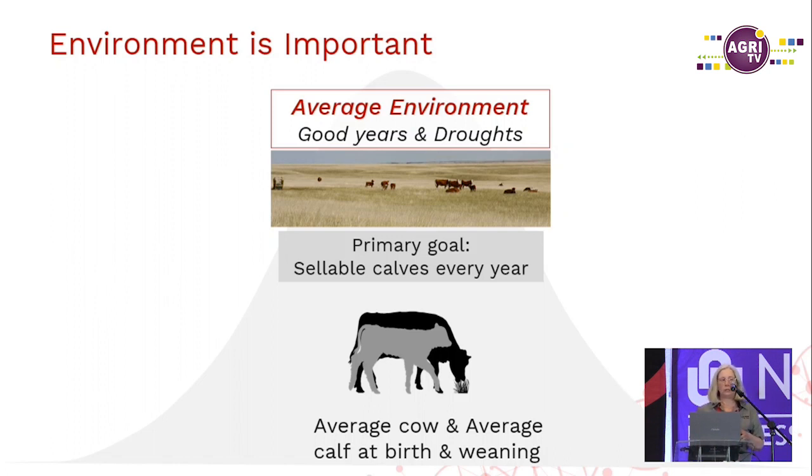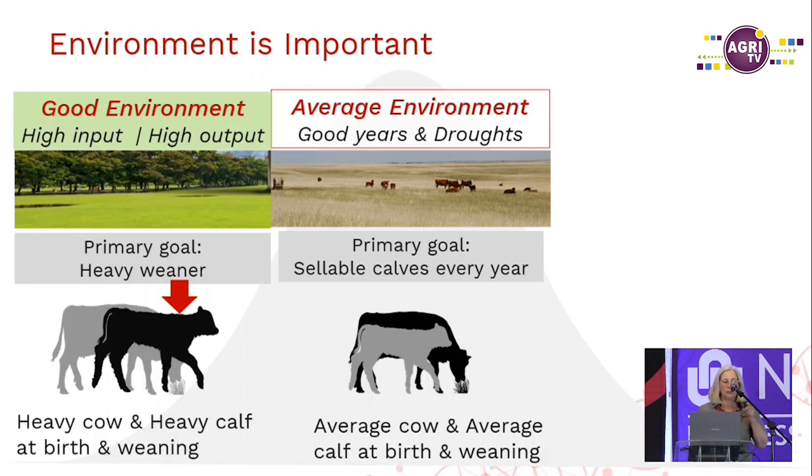If you want to go to extremes, say you have a very good environment, year after year, good grass, good climate, and because you're never going to have to buy feed, you can select for heavy weaners.